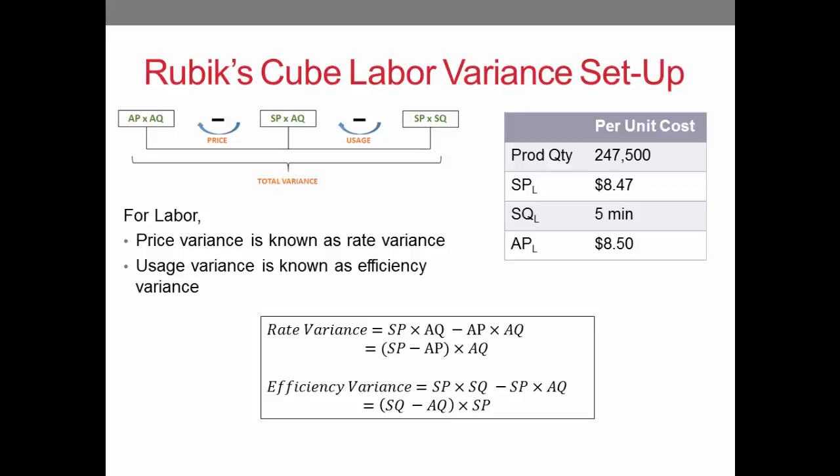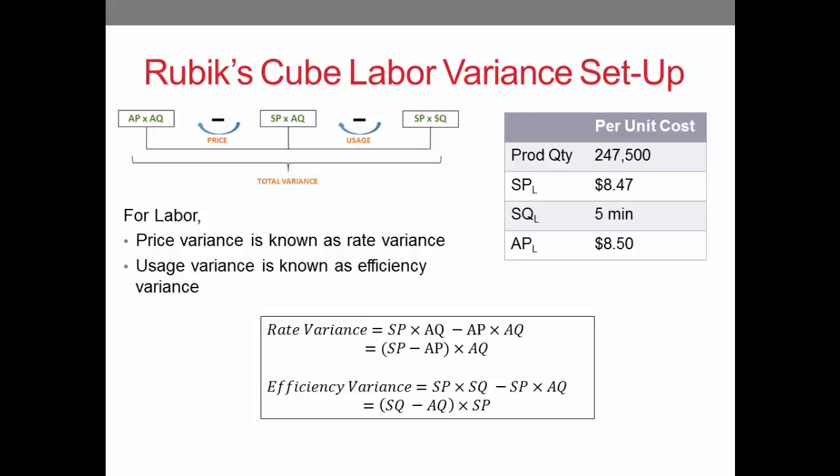And our actual quantity is something that you're going to have to figure out by yourself, 12% lower than that. So the price variance is known here as the rate variance. What we're trying to figure out is, again, keeping quantity the same, the difference between the standard price that we budgeted paying for labor and the actual price that we paid for labor. Standard is always first in the equations.